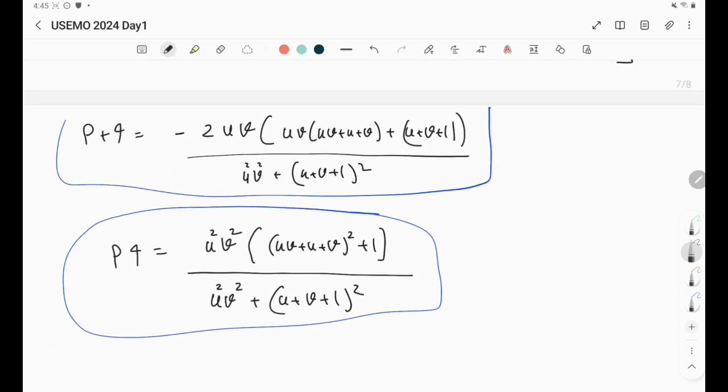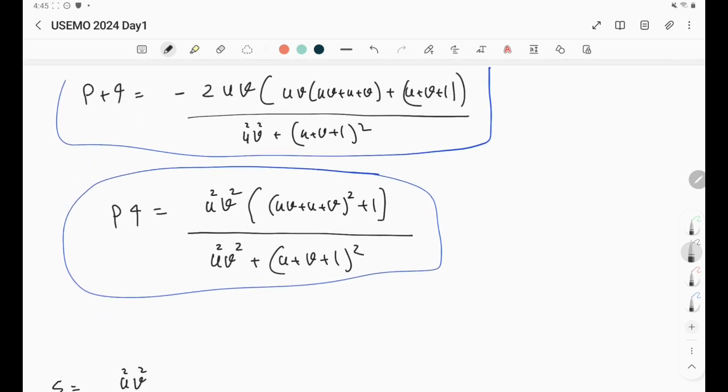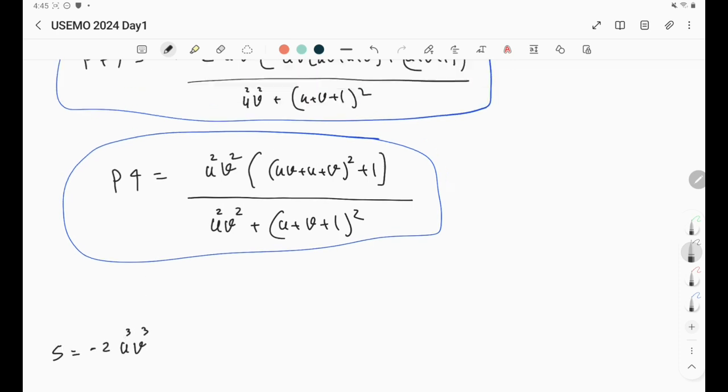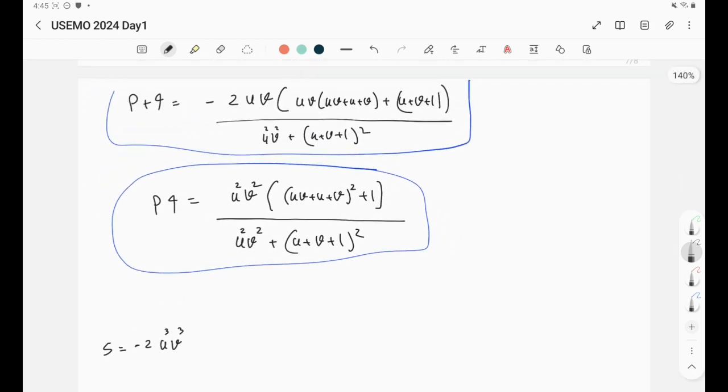The sum p plus q is this thing here. So first of all, this will become minus 2, and instead of squares, let's make them cubes. And now we have this thing. Let me zoom out. Okay, uv times uv plus u plus v plus u plus v plus 1.